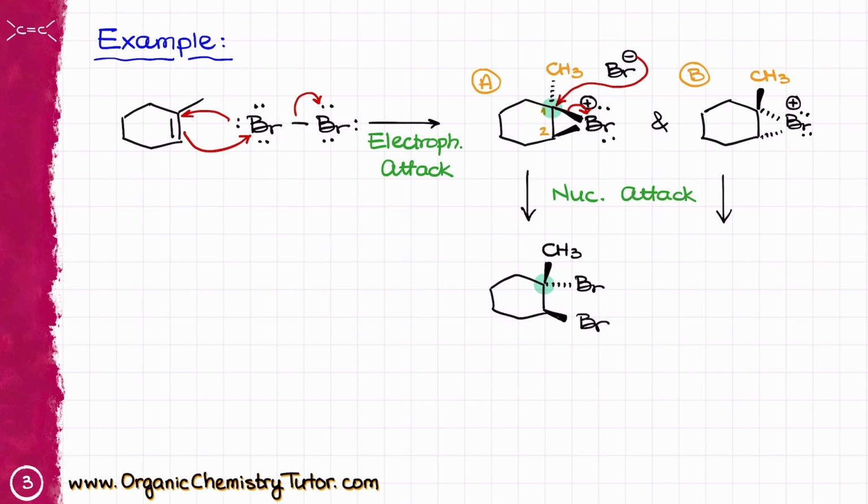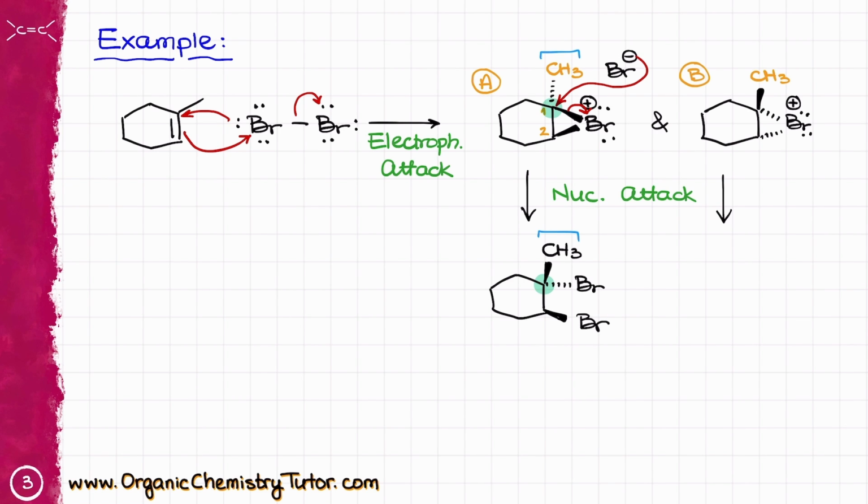Since bromine has to attack from the opposite side from where the original Br+ is sitting, it is going to push everything around and basically flip that carbon around. So my methyl group that I had over here looking away from me is now going to be looking at me, while the Br is looking away from me again.